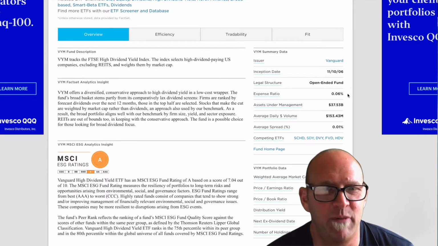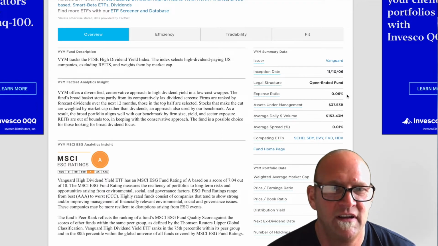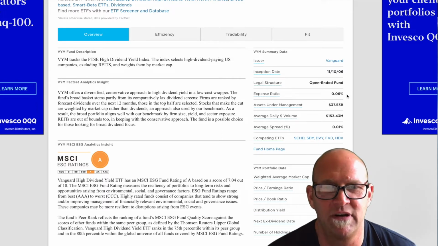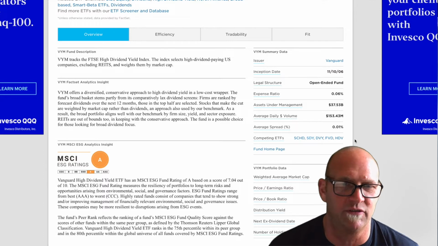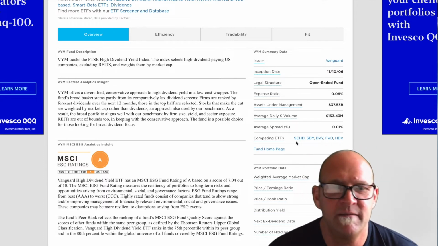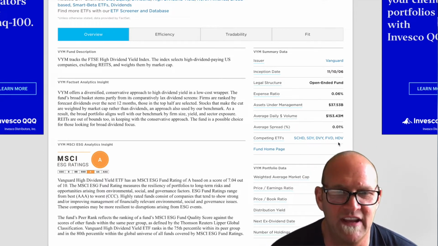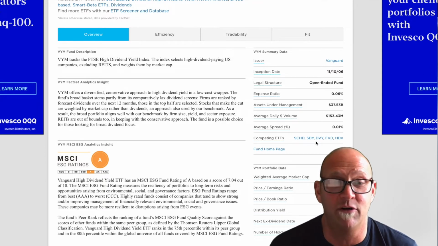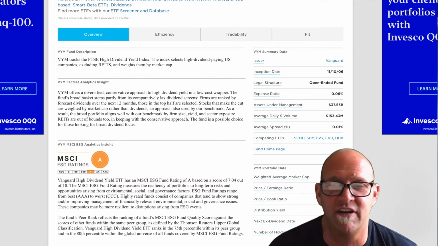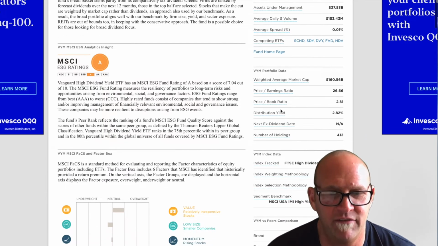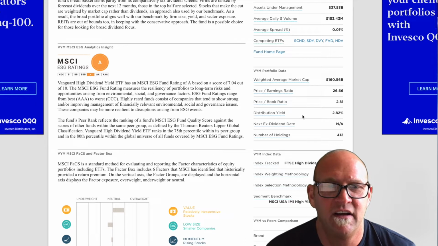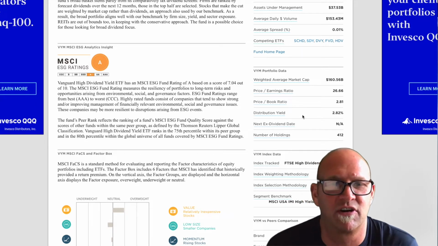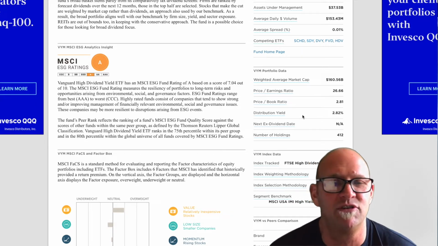This one too has been around since 2006. Same expense ratio of 0.06%, so just 6 basis points. And if we look at the ones this competes with, SCHD, HDV, SDY, again, we don't see VIG or DGRO because those have a different mindset in how they're investing, right? The distribution yield currently on this is down to 2.82%.